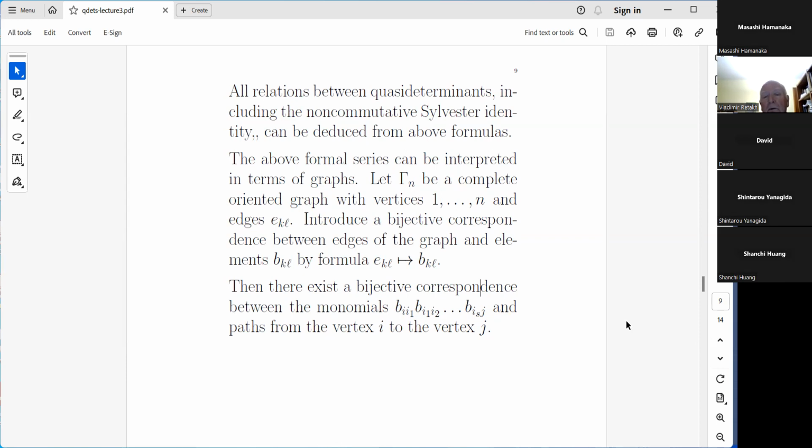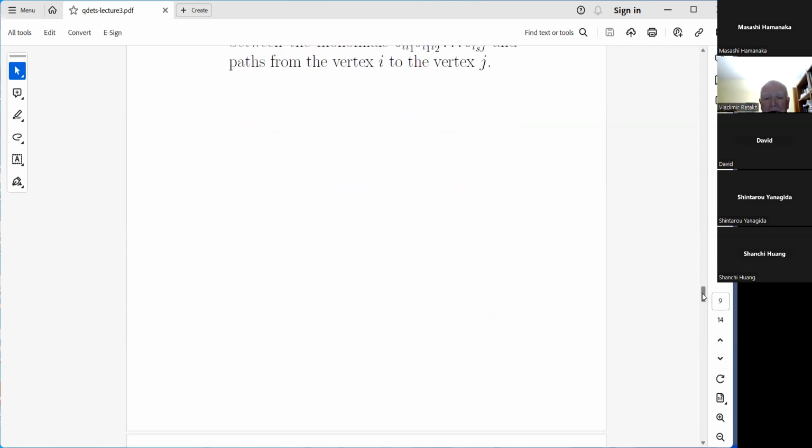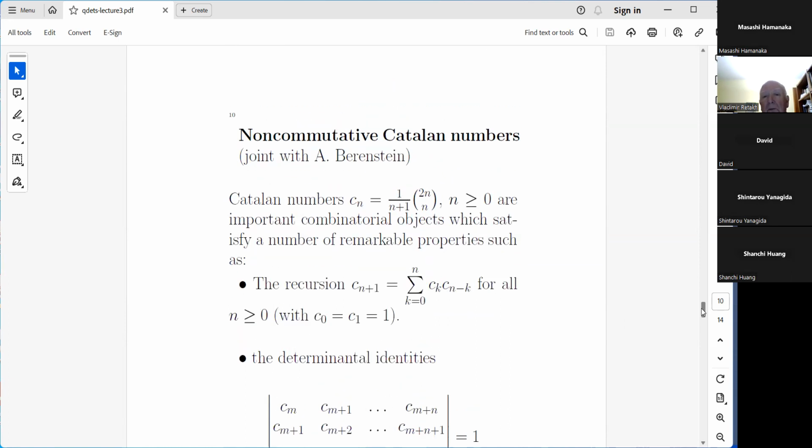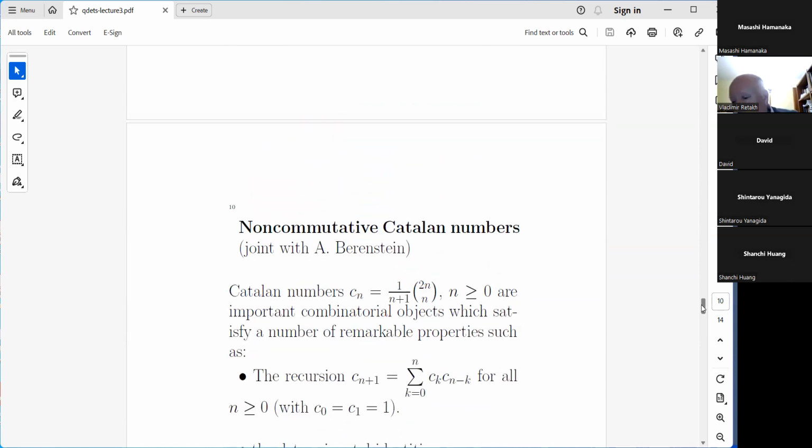So this is how graphs help you to understand quasi-determinants. And I believe I talked in my first lecture about how you can write this formal series of quasi-determinants.